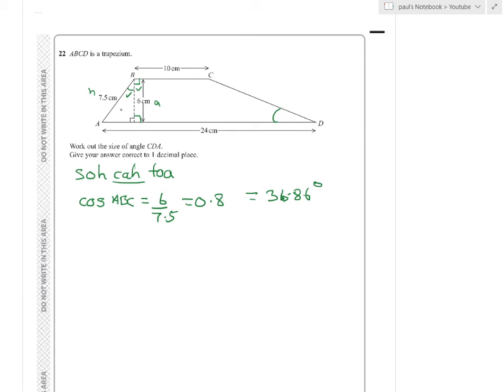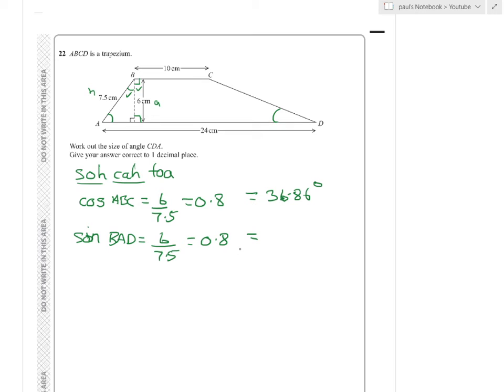Right, so I now know that, and I need to find this one. So let's find this angle here, which is opposite over hypotenuse, which is sine. So sine BAD equals opposite 6 over 7.5. Same thing, 0.8, but it's sine.